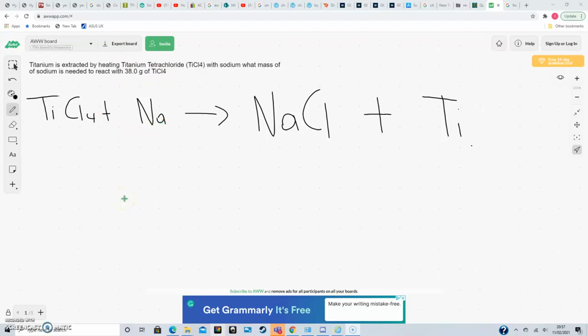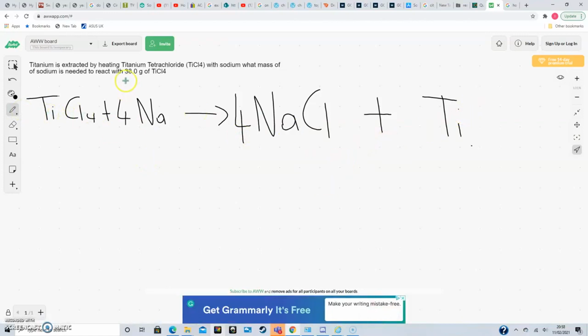If we have 4 chlorines on the left, we need 4 chlorines on the right. If we have 4 sodiums on the right, we need 4 sodiums on the left. And there's 1 titanium here and 1 titanium here, so they're balanced.